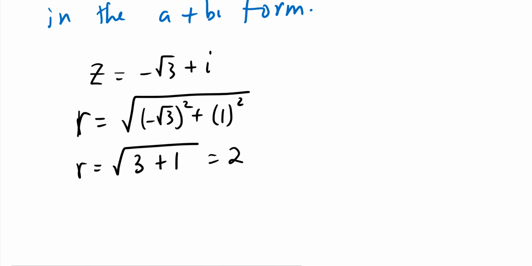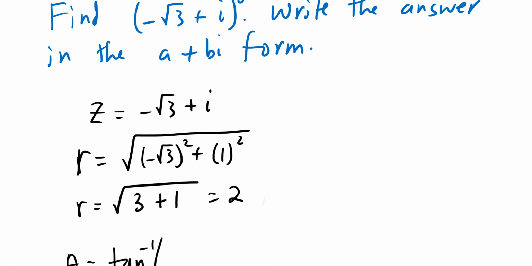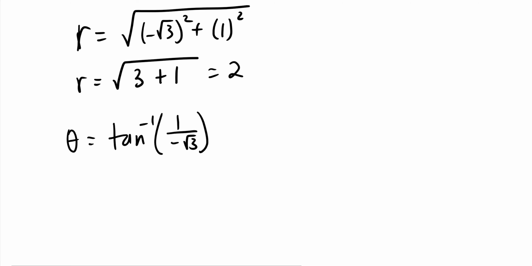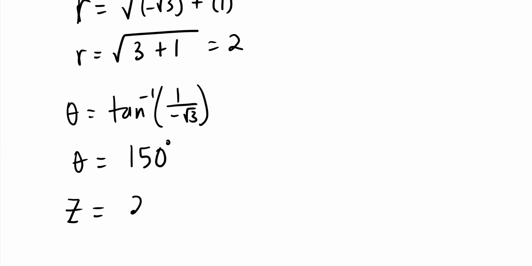So now, what do we have to do? We need theta. Theta is tan inverse of y over x, which is 1 over -square root of 3. What is the angle that gives us tangent -1 over square root of 3? That's 150 degrees. So z now in trigonometric form is 2 times cosine 150 plus i sine 150.